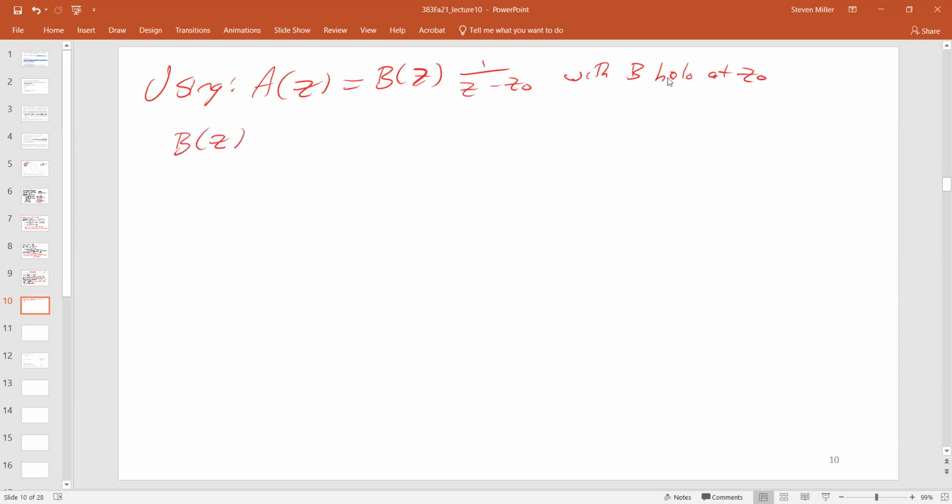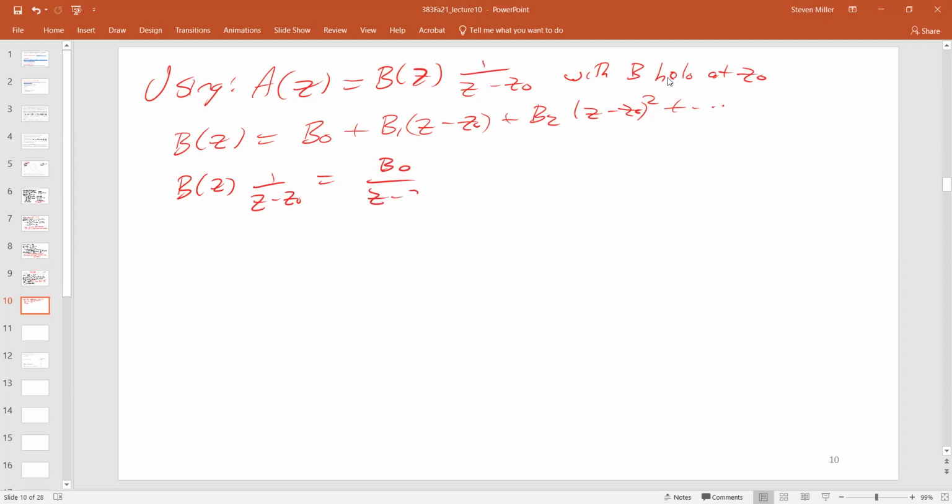Then, because it's holomorphic, it's analytic, we can write b of z as b naught plus b1 times z minus z naught plus b2 times z minus z naught squared. When we look at b of z times 1 over z minus z naught, we get b naught over z minus z naught plus b1 plus b2 times z minus z naught plus dot dot dot. And so here we see the residue is just b naught.